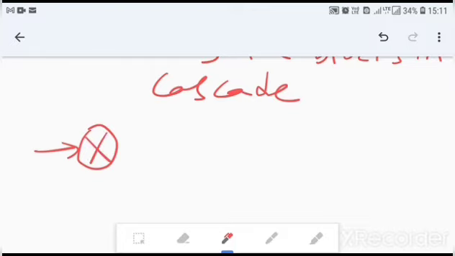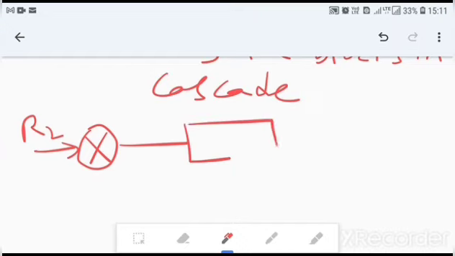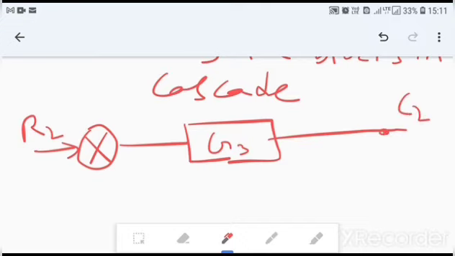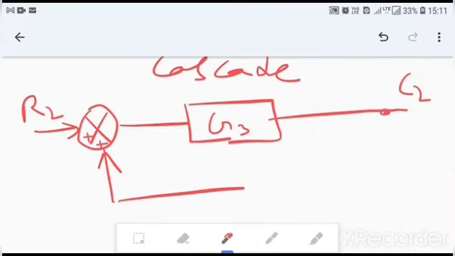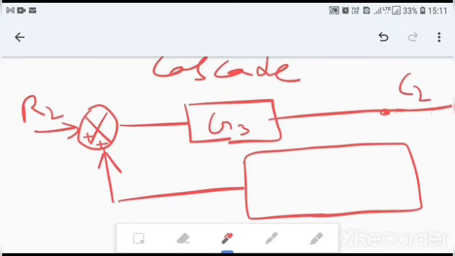Input R2 we have, just making it horizontal instead of straight. Input we have here, we have G3. After combining the parallel paths we get, this is plus plus, and here we have these two, the circle with the red color, are in cascade, so we multiply those two, so we get a little big one here, and feedback with C2.